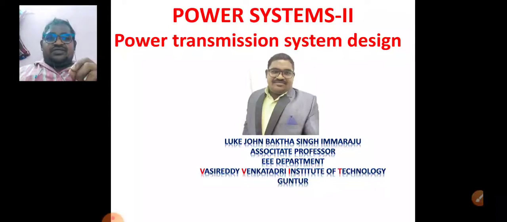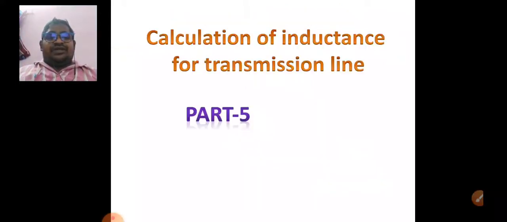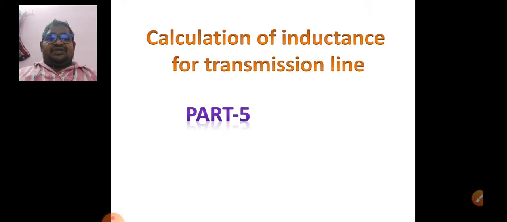This geometrical mean radius is also called self geometrical mean diameter. So now this is part 5.